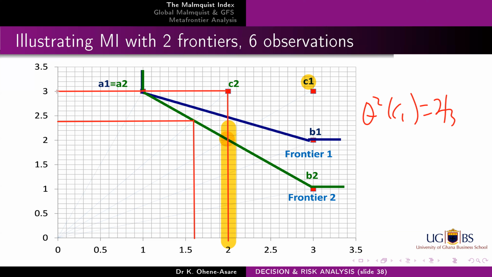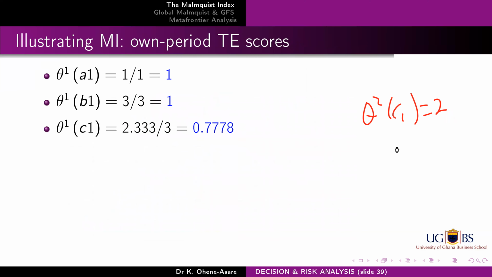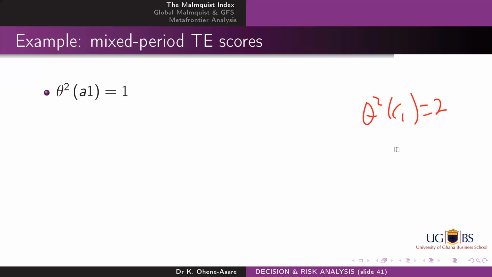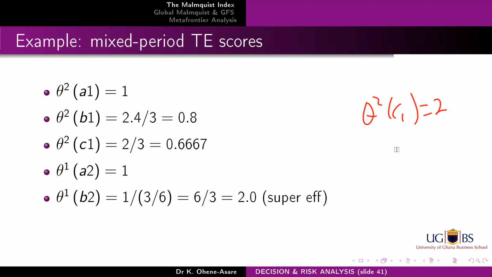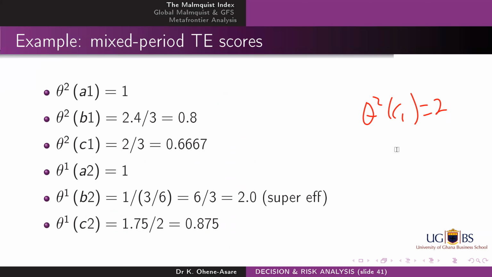And then you can now indicate all of the cross-period efficiency scores for this. Beautiful. So if you're able to do well, you will notice that these are the cross-period efficiency scores. These are all the cross-period efficiency. And you can see the super efficiency for the B2 that we spoke about. Now listen, you remember that I told you that there was a debate regarding infeasible results.